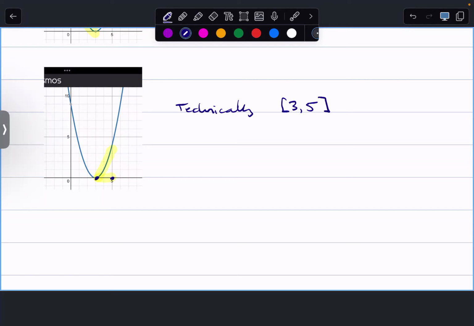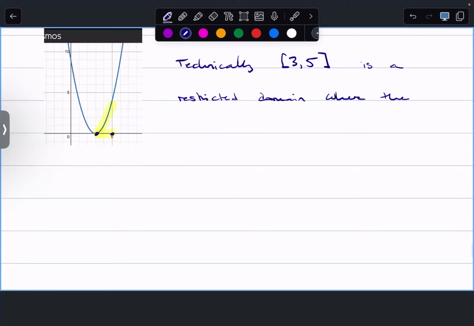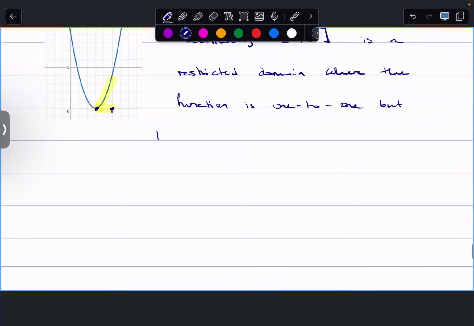Usually we let it go to infinity and we want to consider all the options. It is a restricted domain where the function is one-to-one, but this is not what we typically use.